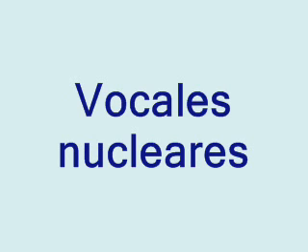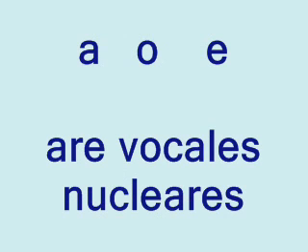Let's talk about vocales nucleares, and this just means that a vowel can stand in a syllable by itself. So when you have two vocales nucleares together, you're going to separate them. For example, in the word calle, the A and the E have to be in two separate syllables because they are vocales nucleares.